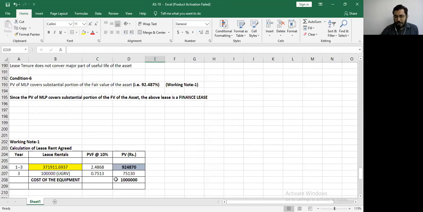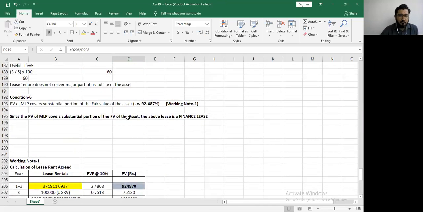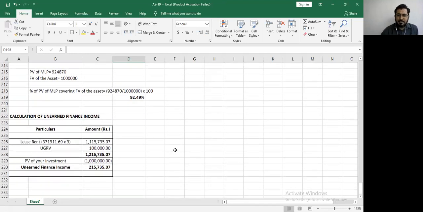Then when we tried to find out the percentage of present value of MLP covering the fair value of the asset, we took this 924870, which came to 92.49%. Since it came to 92.49%, it exceeds 90%, so this is definitely a finance lease. After that, we tried to figure out the unearned finance income.